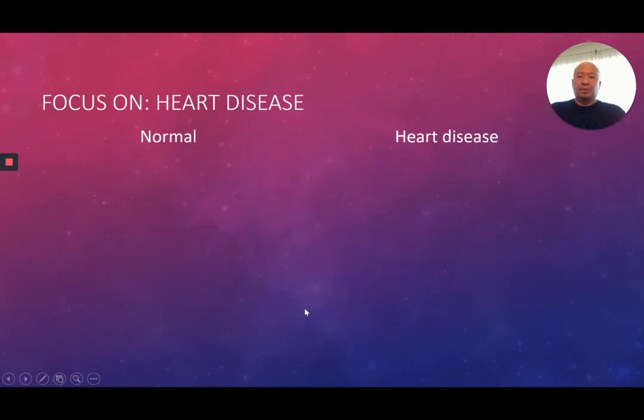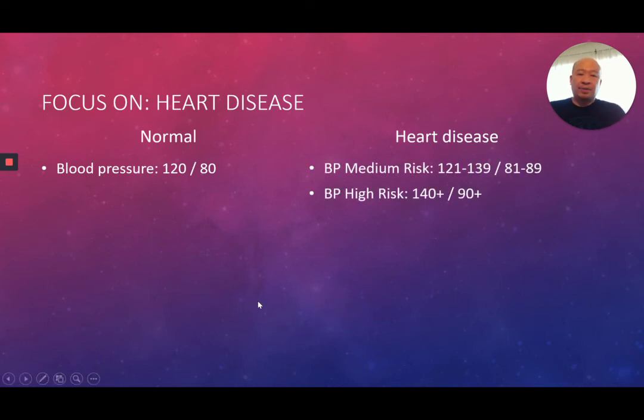So if we look at normal blood pressure, a normal person should have a blood pressure of 120/80. A person with heart disease usually has a higher blood pressure. Under high risk, it can be as high as 140 over 80 or higher.